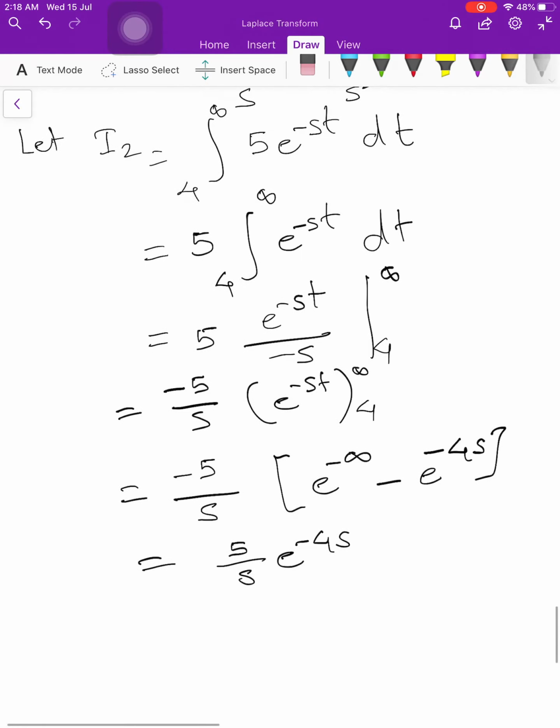So now you can write down the Laplace of the original function f of t, that is I1 plus I2.